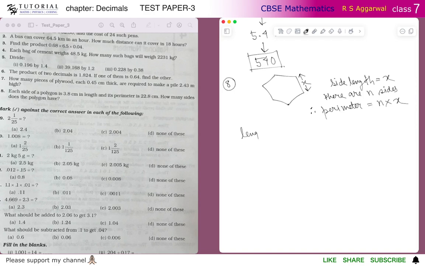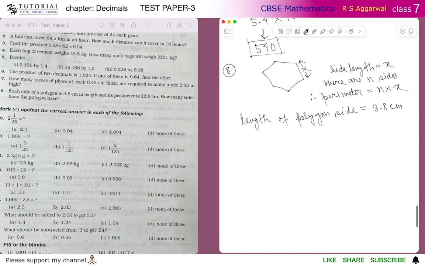So in this problem it is given that the side length of the polygon is 3.8 centimeter, and the perimeter is given to be 22.8 centimeter. So how many sides does the polygon have?